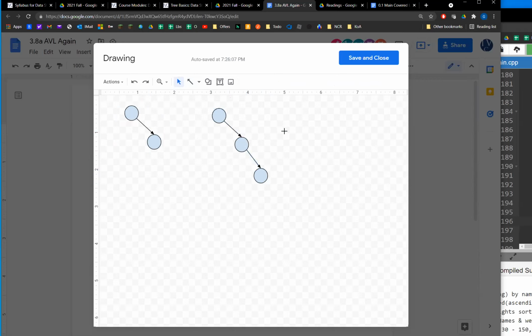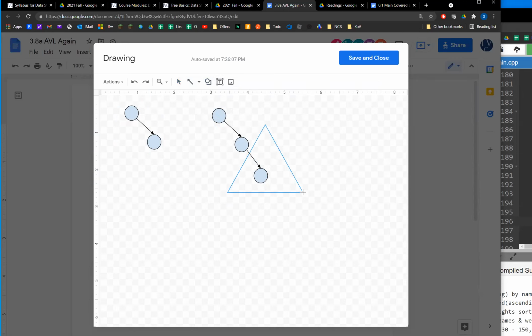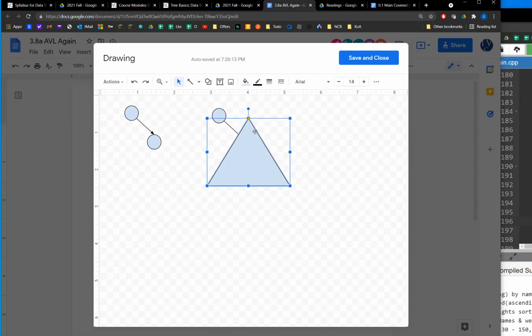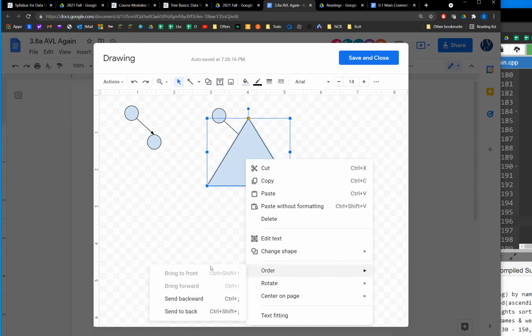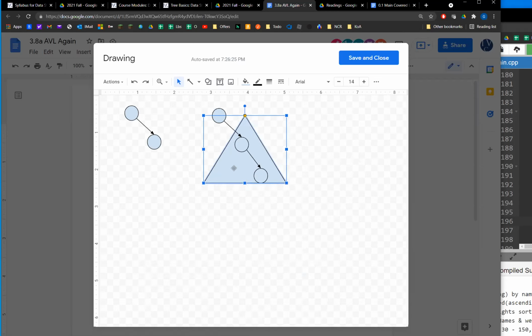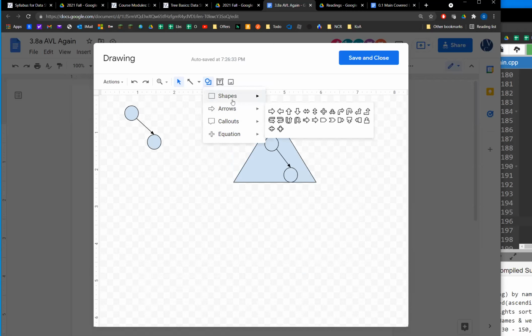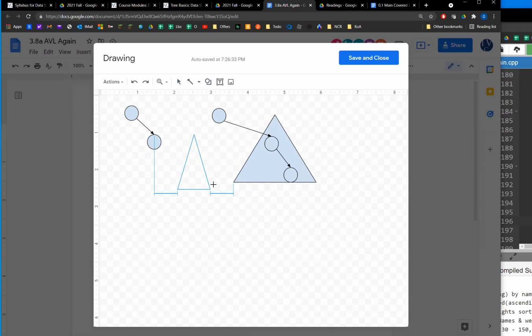All right, so when we look at the heights here, the root of our tree, looking at the heights of its subtrees, we have a null subtree on the left-hand side.